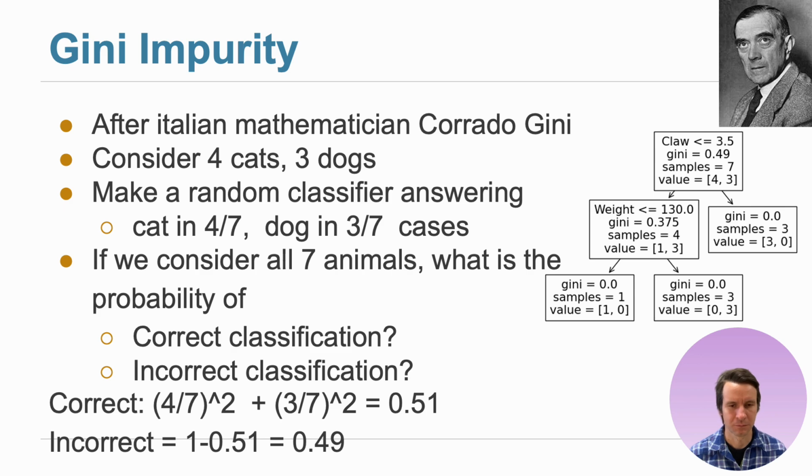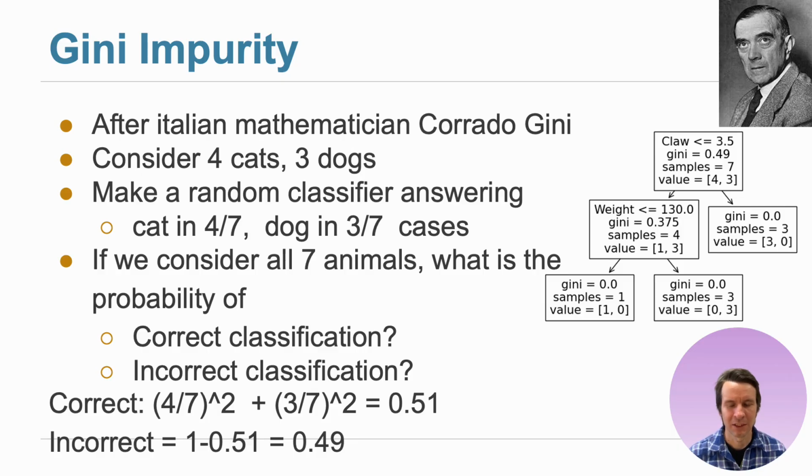And the question is, how often is the classification correct and how often is it incorrect? And the incorrect thing is the Gini impurity.